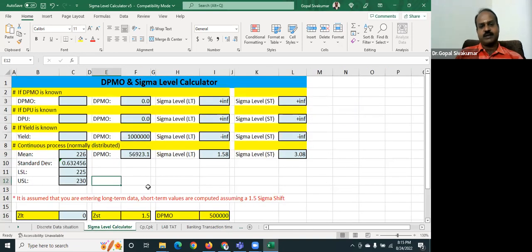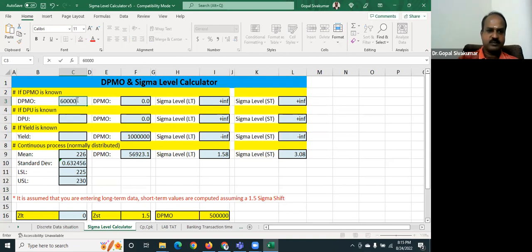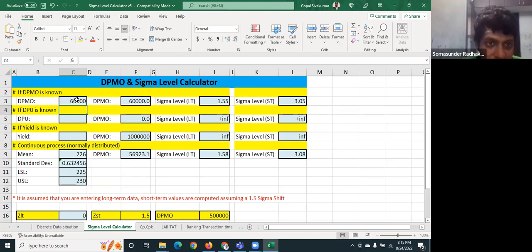Now comes the Sigma level calculator. See here, DPMO is known. When I type DPMO, what is this populating?